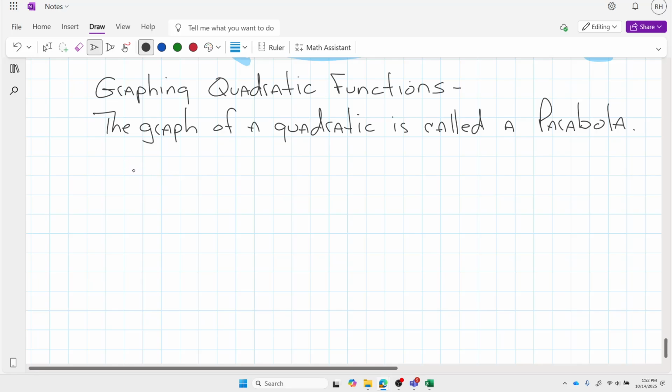So you're going to be graphing equations today that look like f of x is equal to 1/2 of x squared.